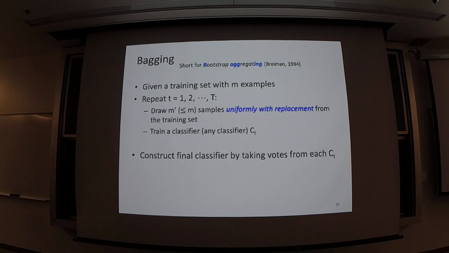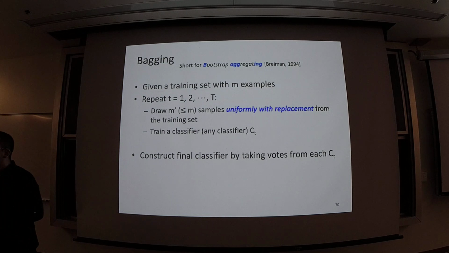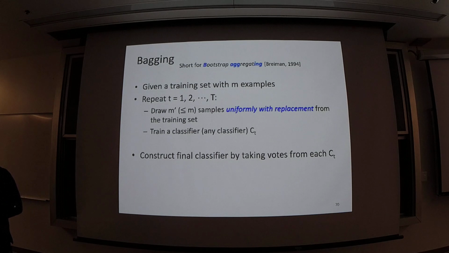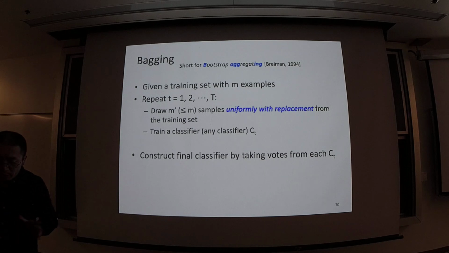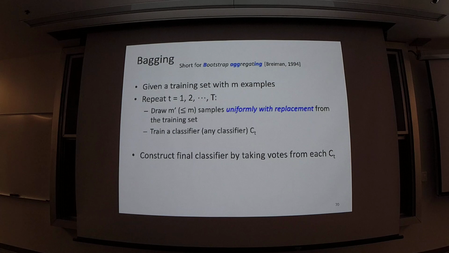And then at the end of the last lecture, we introduced another type of ensemble learning approach. It's called bagging. The very important difference between bagging and boosting is that bagging is totally parallel. That means the training in a second iteration is totally independent from the training of the first iteration.